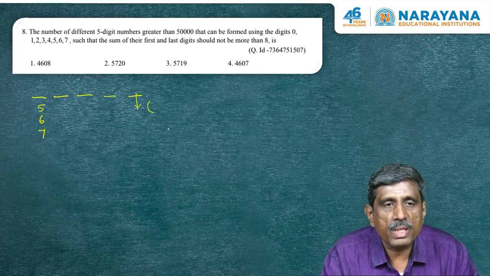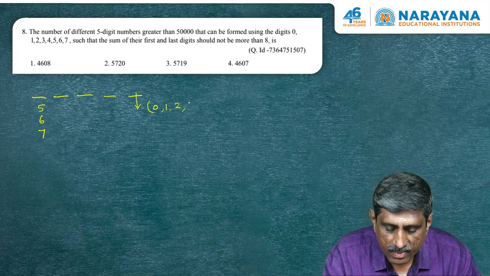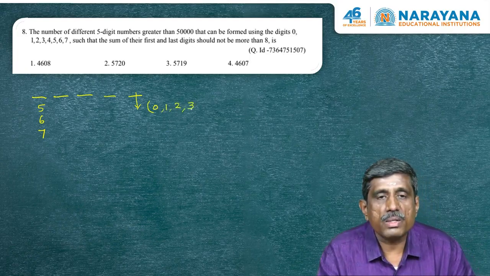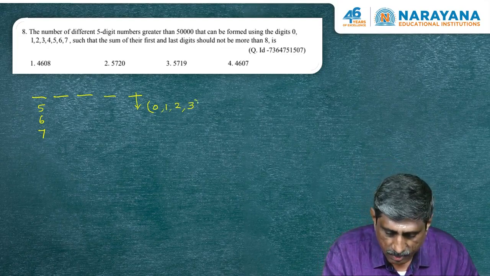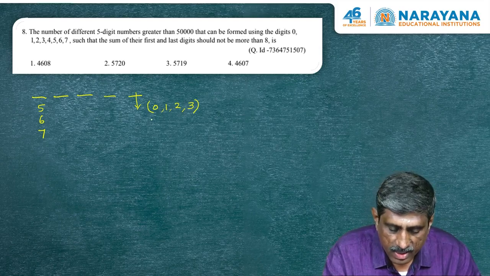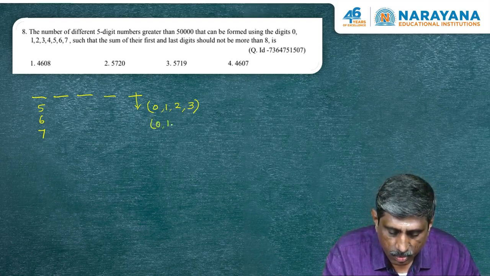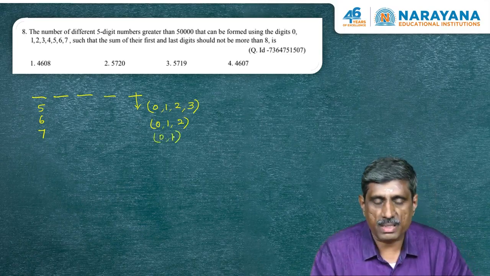Should not be more than 8 means the last digit can be 0 or 1 or 2 or 3, because up to 8 is possible. Therefore, these are the possibilities. When you put 6 in the first place, the last place can be 0, 1 or 2 only. And when we put 7, it can be 0 and 1 only.